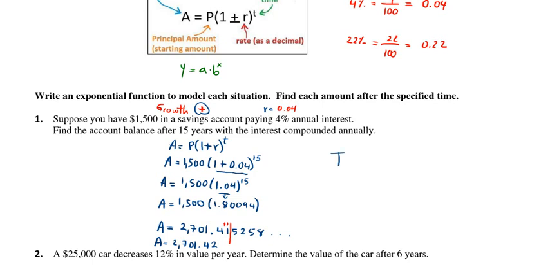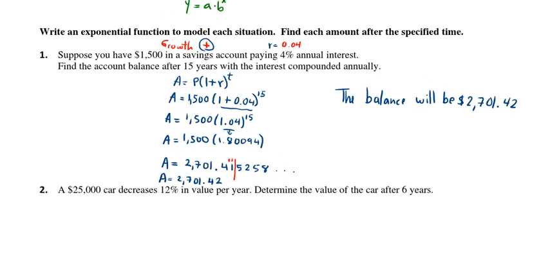The answer would be the balance will be $2,701.42. And that is number one, a growth situation.